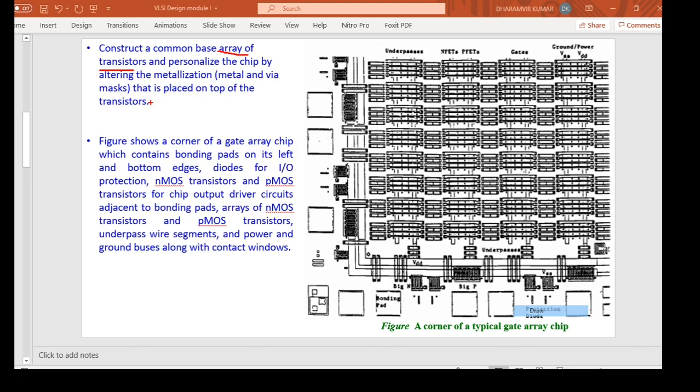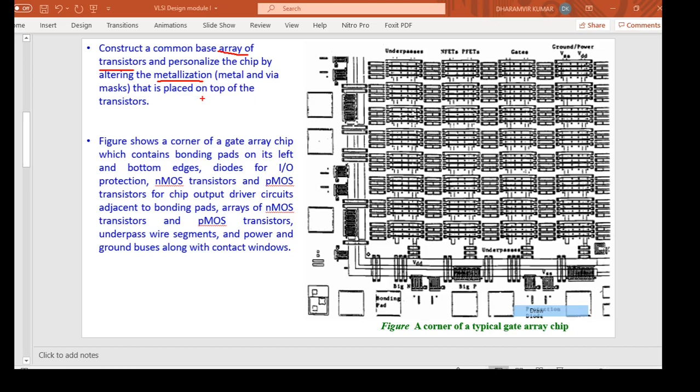This point is actually explaining the thing that we have seen in the previous slide. So first step is to form an array of transistors, and then connect those transistors using some metal layer. That is the second step. And this metal layer is placed on the top of the transistors for interconnecting them.